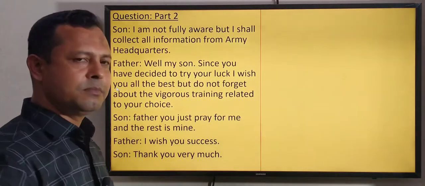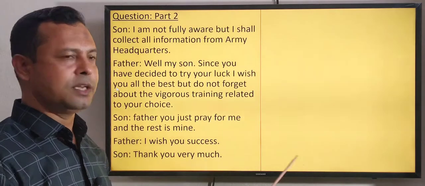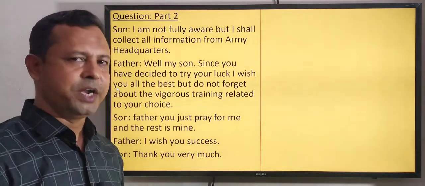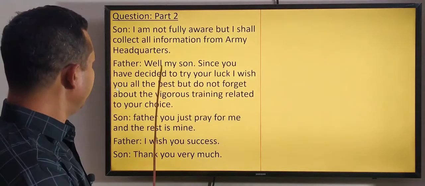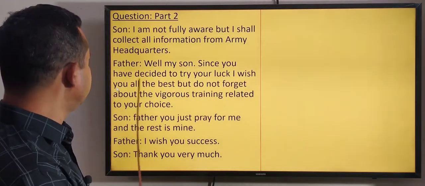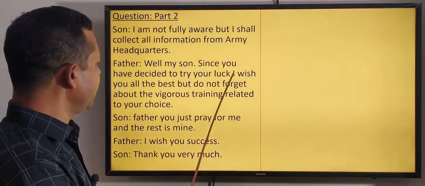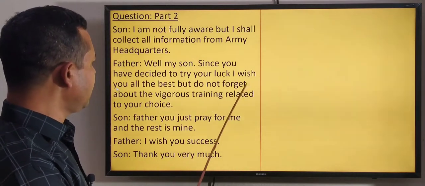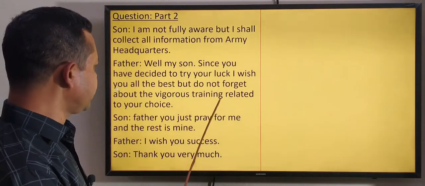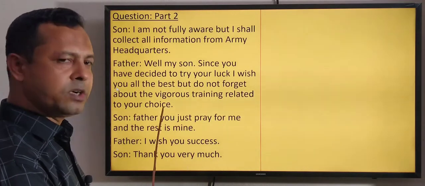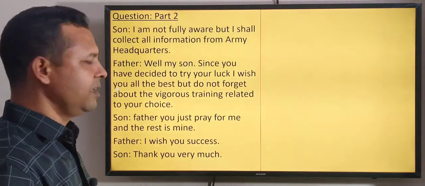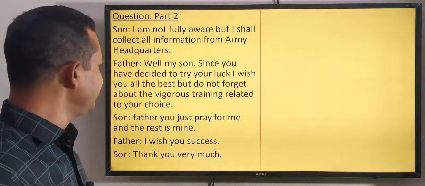There are some mistakes. If you read it carefully, you will find them. Father, well, my son, since you have decided to try your luck, I wish you all the best, but do not forget about the vigorous training related to your choice. There are some mistakes. I guess you can easily find them.